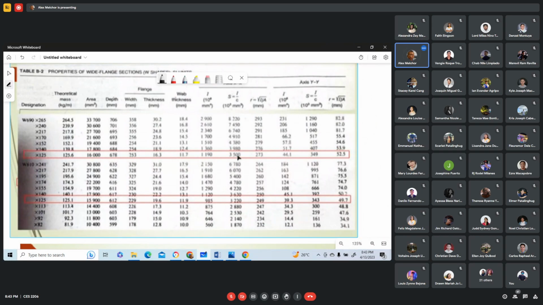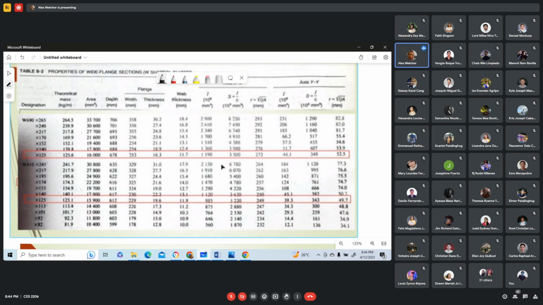We select this, you see this one here, W690 by 125. This 125 is the mass per unit length. So 125 kilograms per meter. The depth of the wide flange section is 690 mm. This is just a designation. Actual depth is 678.